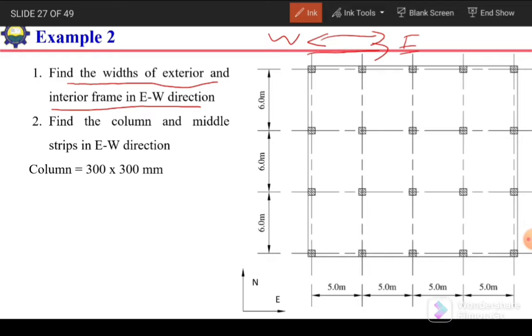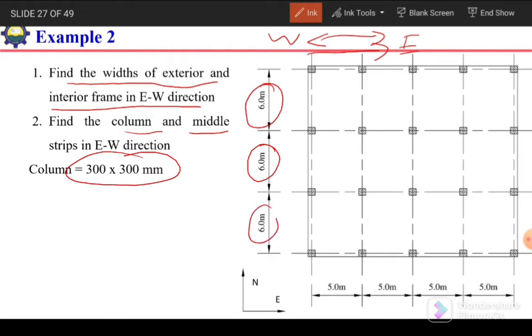Second is, find the column strip and middle strip width in the east-west direction. The information given is the column size 300 by 300, and the spans in the north-south direction are 6 meter all, and in the east-west direction 5 meter each. The spans are similar.